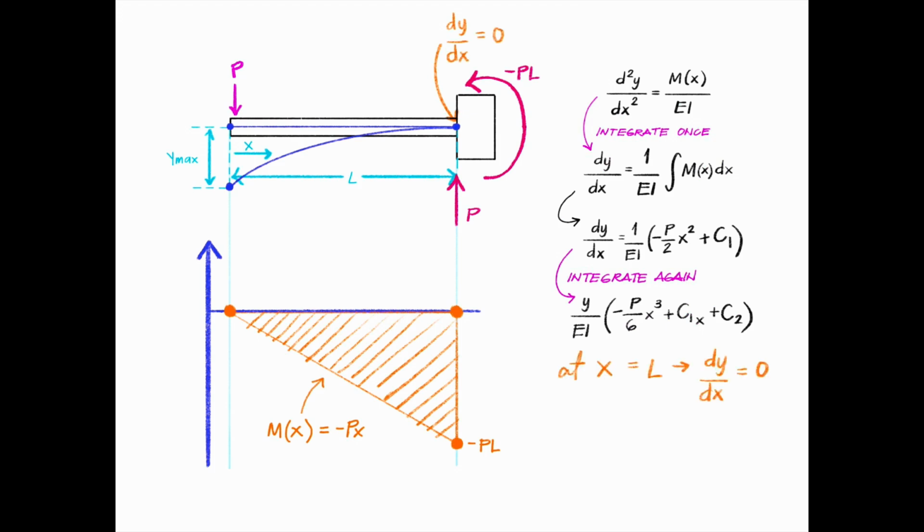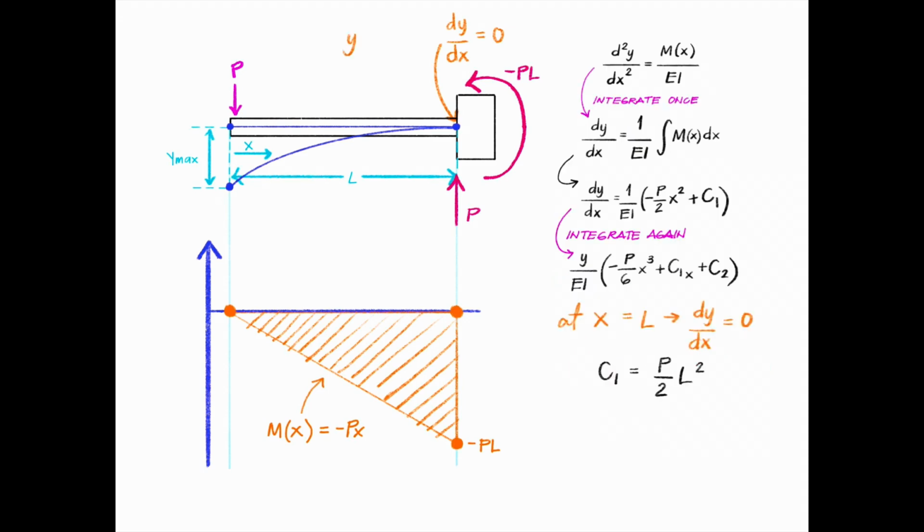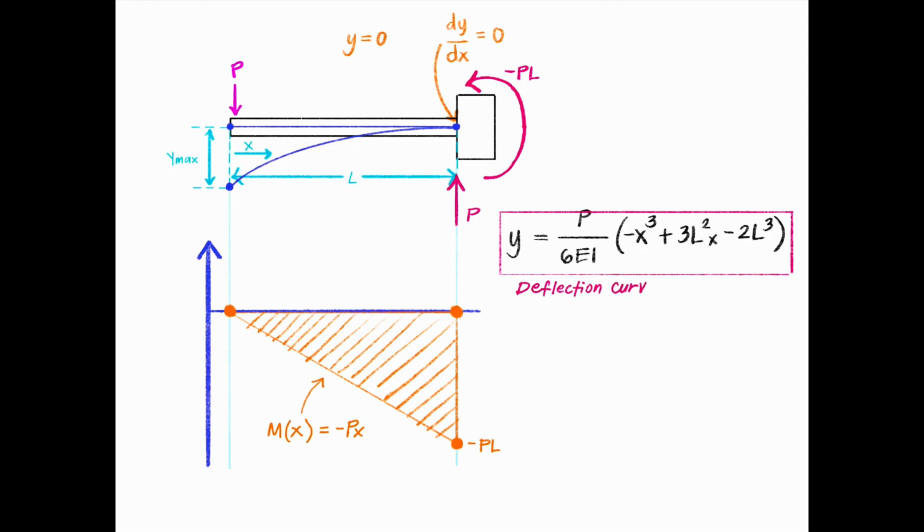At the fixed end, the beam cannot rotate, so dy over dx equals 0, allowing us to calculate C1. At the same point, the deflection y is also 0, giving us C2. Thus, we've determined the deflection curve for the beam, with the maximum deflection occurring at its free end.